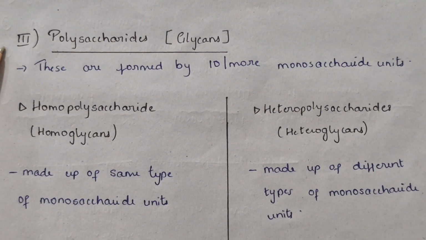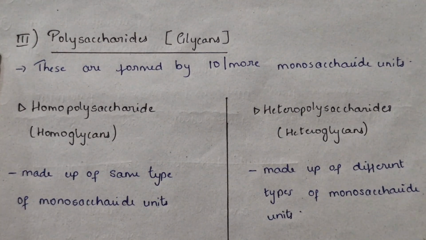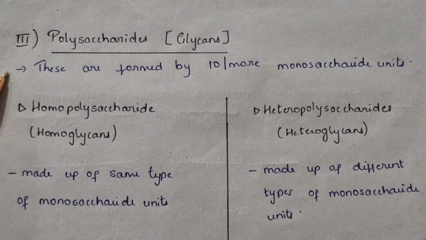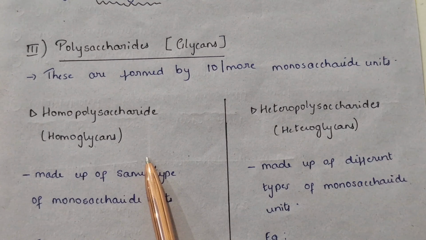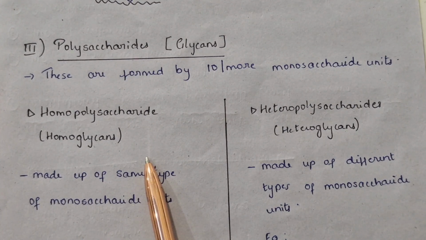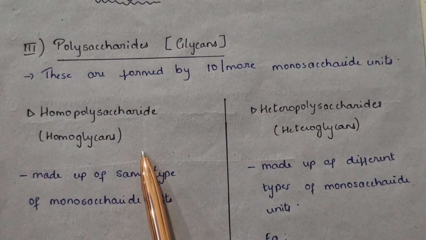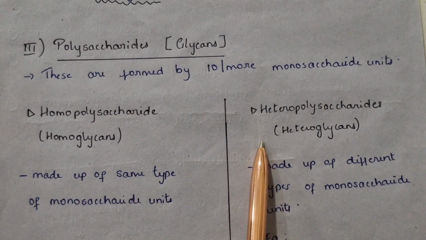Now let's see polysaccharides, which are also called glycans. These are formed by 10 or more monosaccharide units. Polysaccharides are further divided into homopolysaccharides, called homoglycans, and heteropolysaccharides, called heteroglycans.